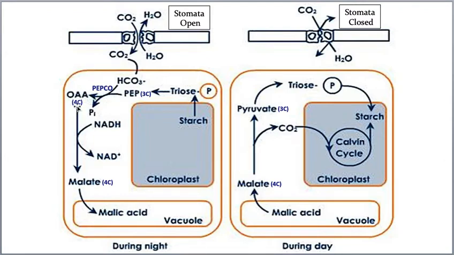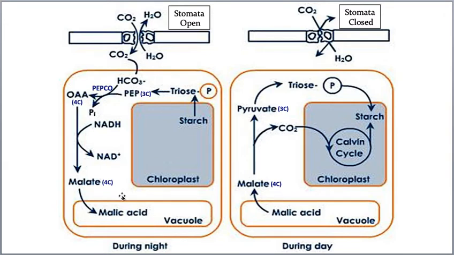Now this oxaloacetic acid, by utilizing NADPH2, converts itself into malate, and this malate, also 4 carbon, gets stored in the vacuole. The whole night this work keeps going. This process continues like that, and the vacuole keeps storing this malic acid.